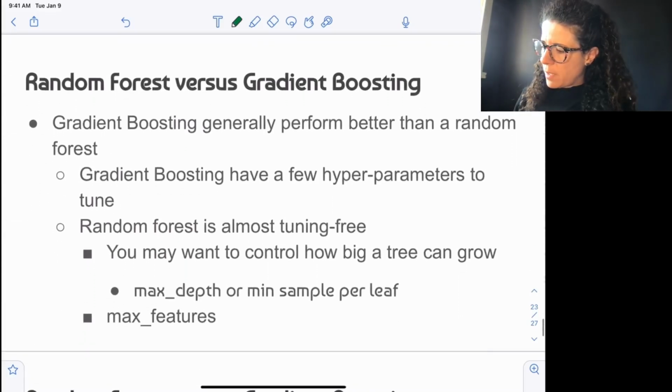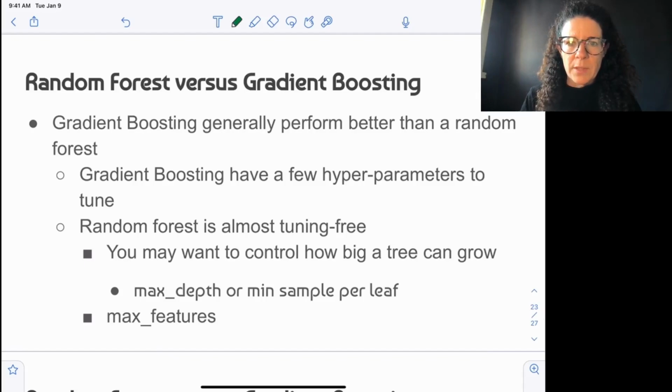So finally, I wanted to talk about a little bit of a comparison between random forest and gradient boosting. Random forest and gradient boosting are both very robust algorithms. Gradient boosting sometimes performs better than random forest. Gradient boosting has more hyperparameters to tune than random forest, so random forest is almost like tuning free.